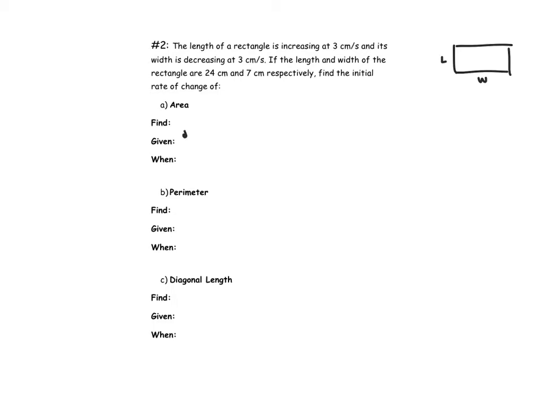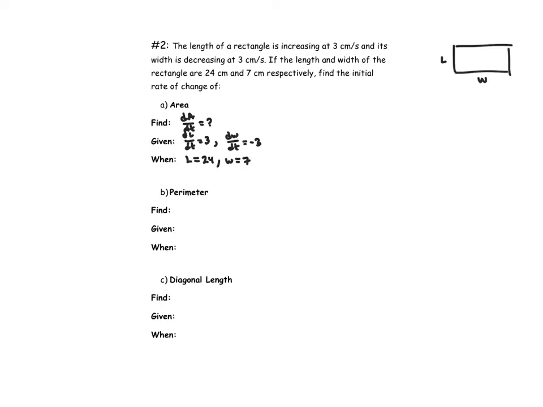So given dL/dt is equal to 3, and dW/dt is equal to negative 3. If the length is 24 and the width is 7, find the initial rate of the following. The area, we're trying to find dA/dt.